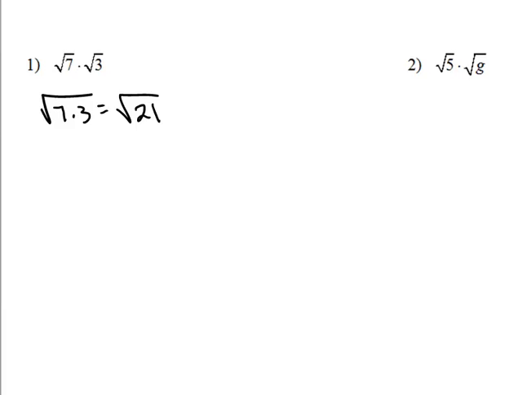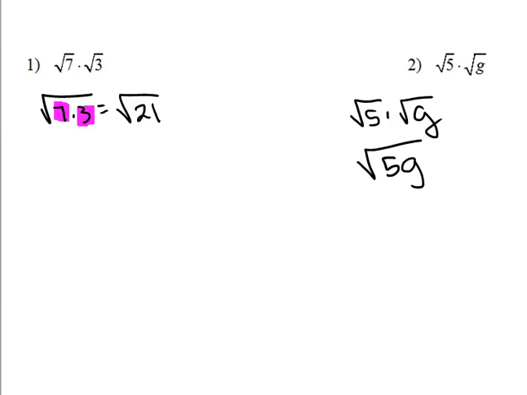Remember, because both of these numbers are prime, I won't be able to do anything with that in terms of taking out a root. Over here, it's the same idea. The square root of 5 times the square root of g is the same as saying the square root of 5g. And the reason this works is because of the product rule.